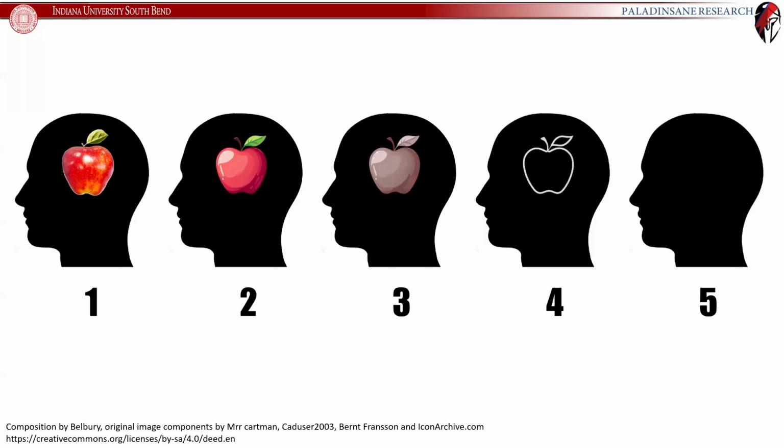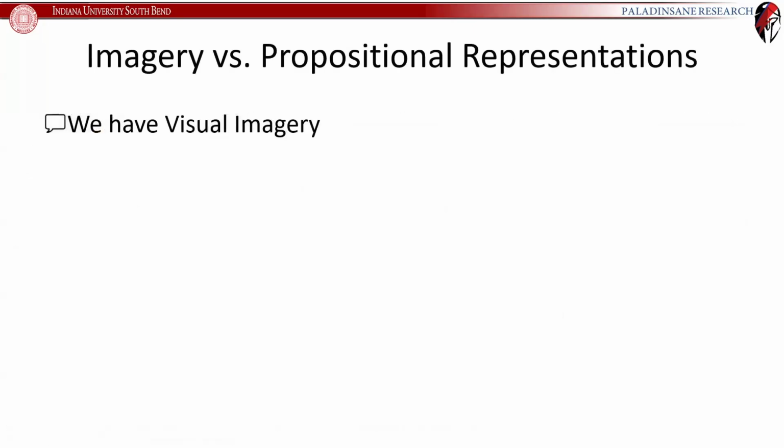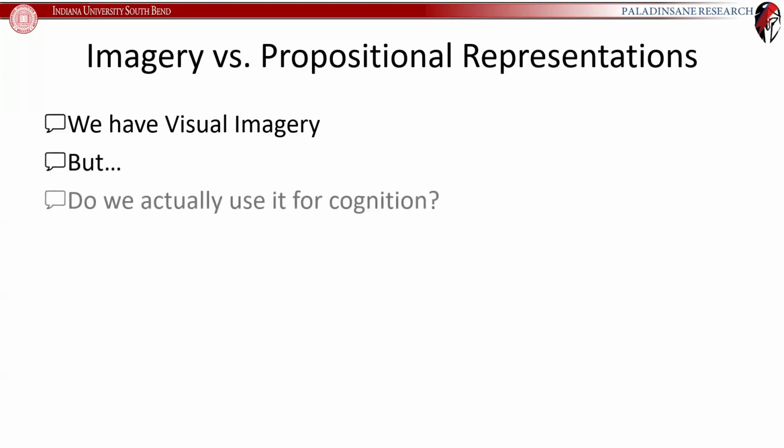So visual imagery is the ability to imagine things in your mind. If you think of your favorite song and you can hear it in your mind, that's also imagery. But we know that we have imagery in our minds. So we have visual imagery. But the question is, do we actually use it for cognition? Do we actually make use of this visual or auditory image that we have in our mind?